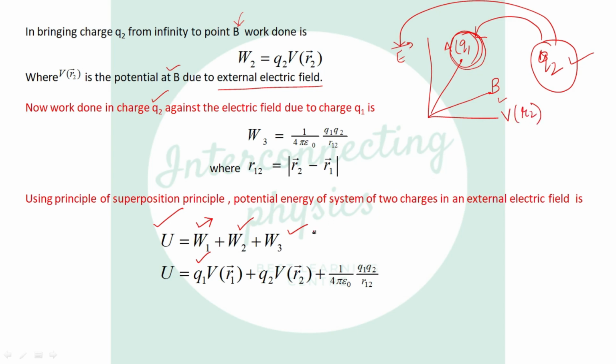And again W3 is the work done in moving the test charge Q2 against the electric field of Q1, that is 1 over 4 pi epsilon naught Q1 Q2 over R12. So this is the potential energy for a system of 2 charges in an external electric field.